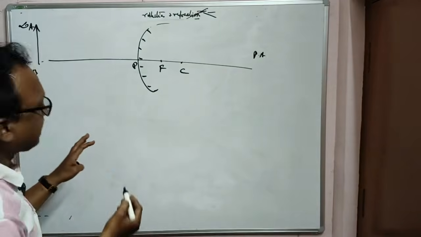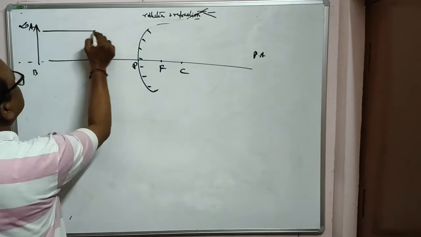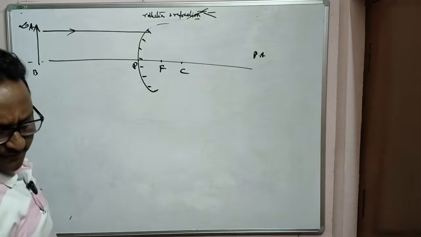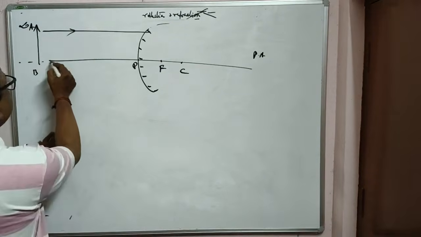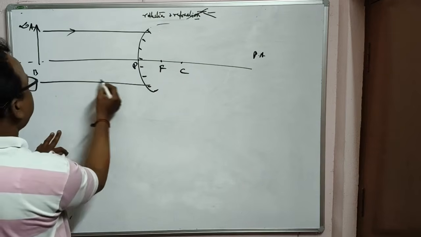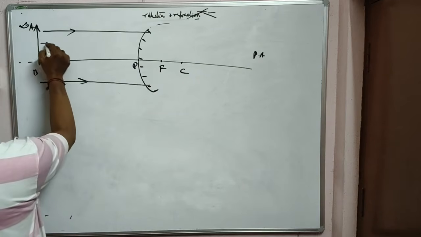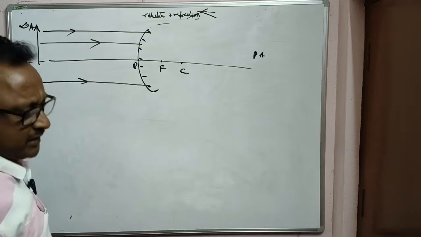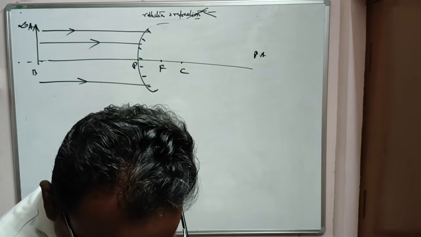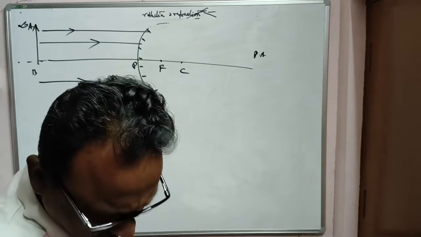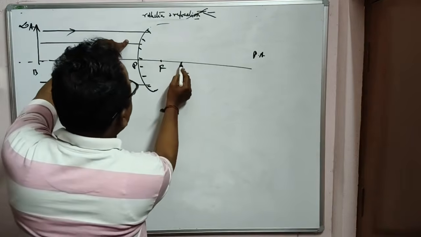So rays from infinity are coming. You can take any number of light rays. Rays from infinity are coming here. At infinity the light rays are always parallel. Now you know when they are coming after meeting, this is the normal.